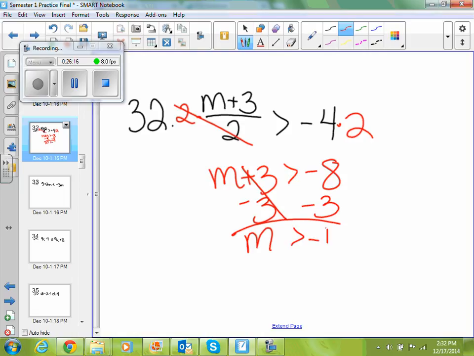Negative 11. You're really close. It'll be okay. It happened to me before. Alright, so any questions on that page? Everybody got all that from that page? Yes. Okay.